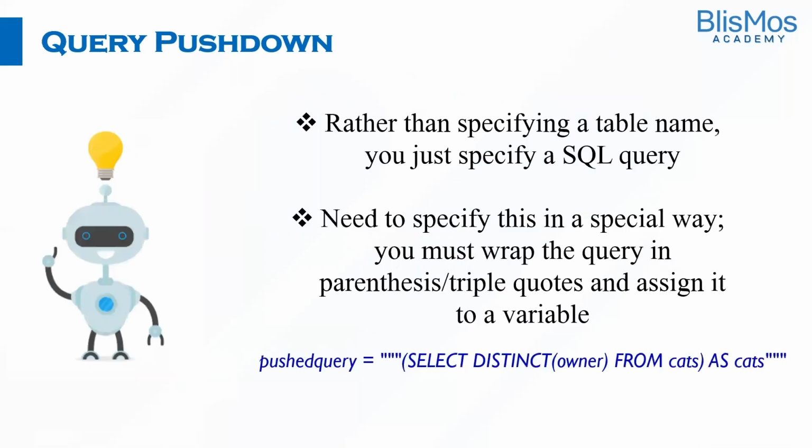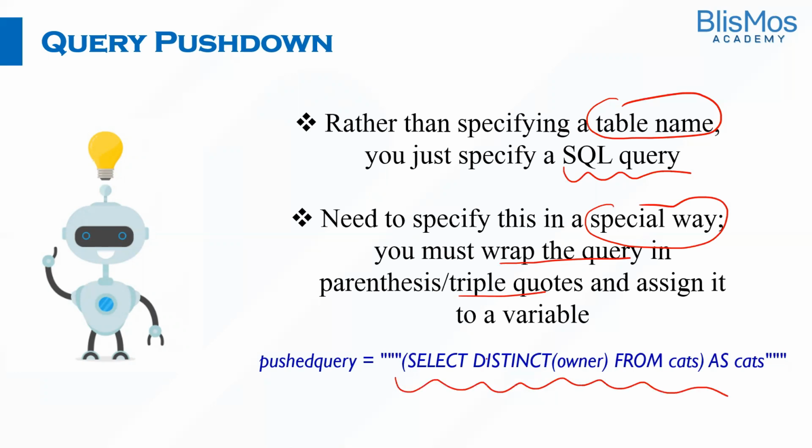The way we can do that: instead of specifying a table name, we can go ahead and specify a SQL query. But when you are specifying a SQL query, we need to do it in a bit of a special way. We have to wrap that query in triple quotes. For example, here I am trying to get the distinct owners.